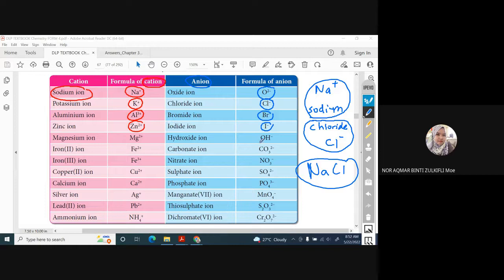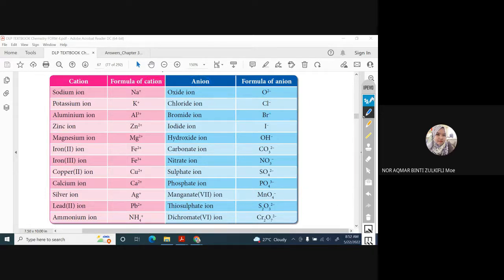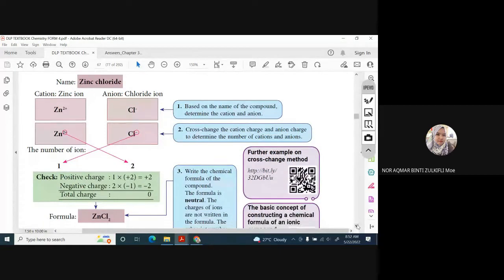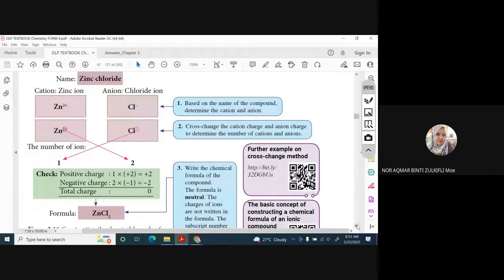Okay, this is the way how we want to construct or make the formula from positive negative ion become natural, tak ada charge. Okay, so the first step, okay, example we have zinc chloride.